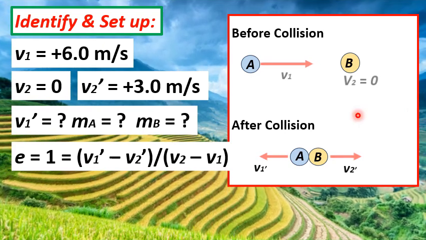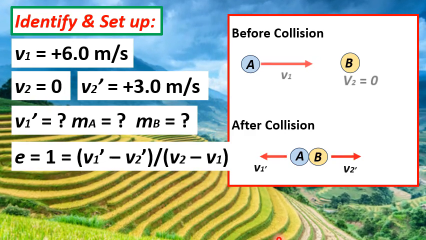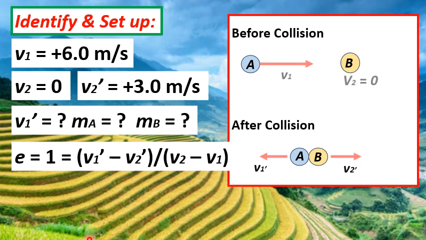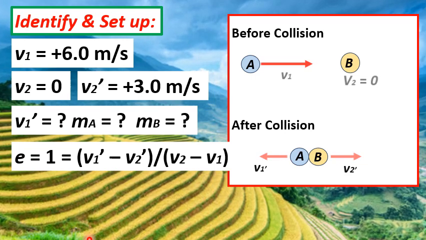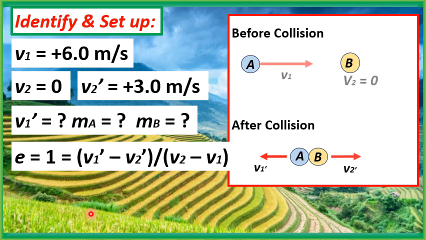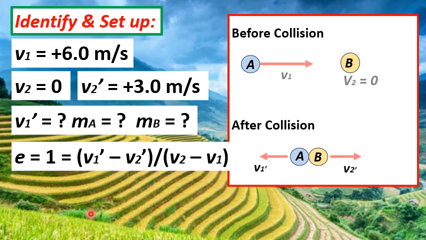So the law of conservation of linear momentum applies in this situation. The law of conservation of momentum, as you may all know, states that the total momentum of the system before and after collisions are equal.